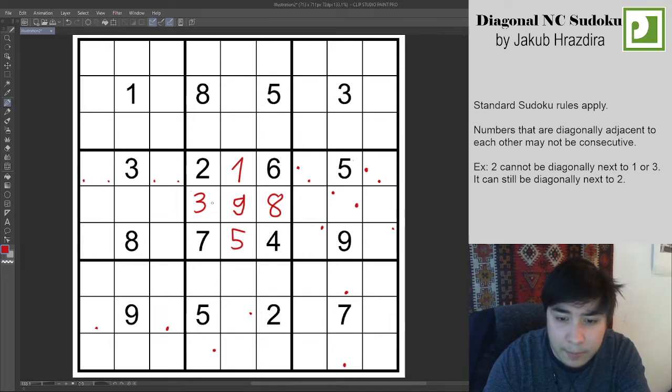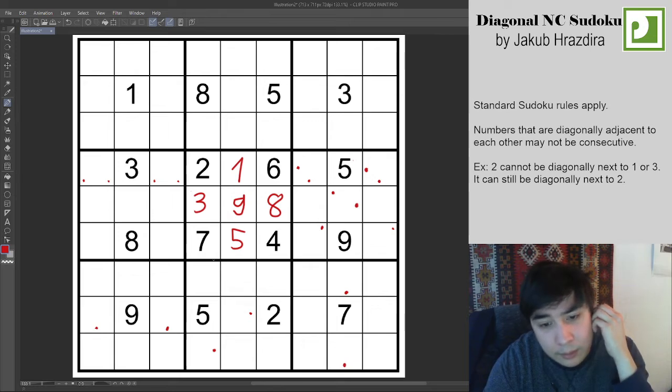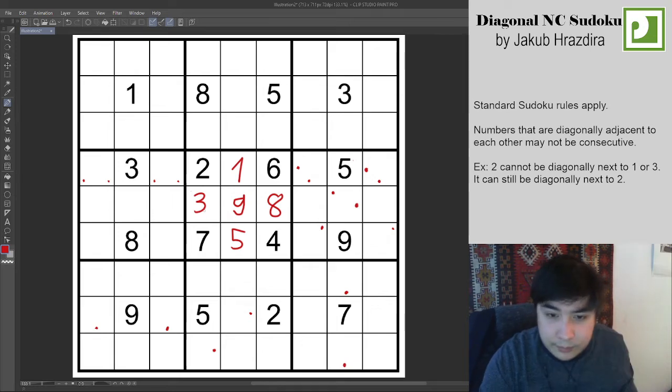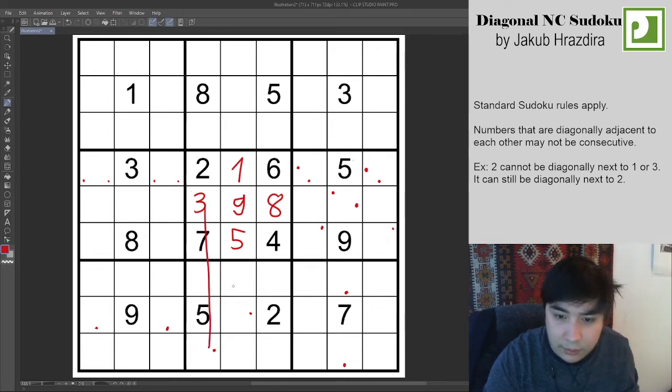For the 3 pointing down, this might be a thing, because this 3 points down and this 2 gets rid of those positions, so the 3 can only be here, here, or here, right?